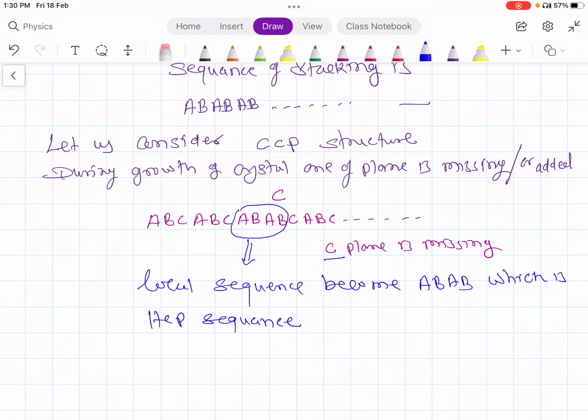So in between there is an HCP region. On either side of it, it is CCP, but locally it is HCP. So you can say there is an HCP region, and that is because of the stacking fault.